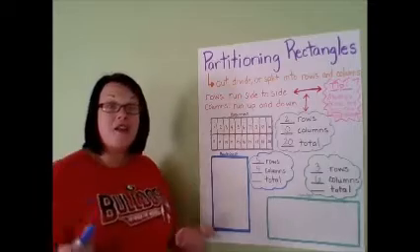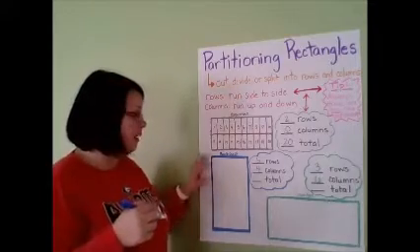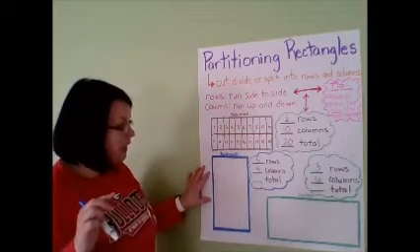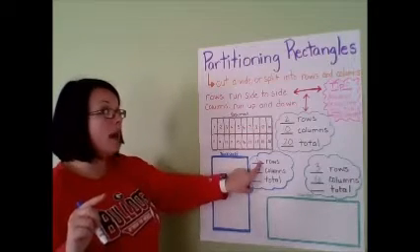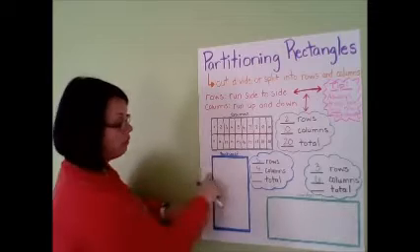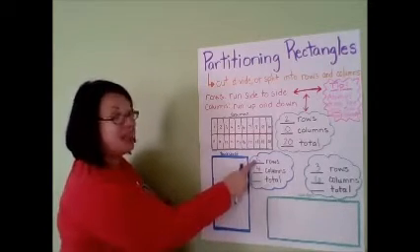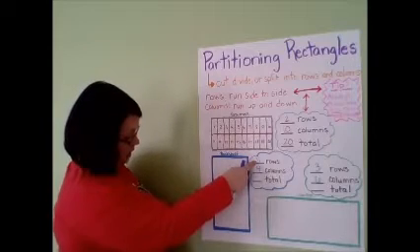Okay, so hopefully you had a chance to do this and now you're checking with us. We'll see if we come up with the same answer. Okay, so what we need to do is draw 1 less row. Remember, rows run side to side. So we need to draw 1 less row, so that should be 4 rows.